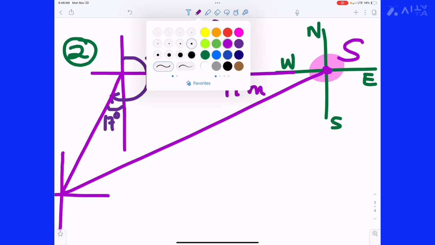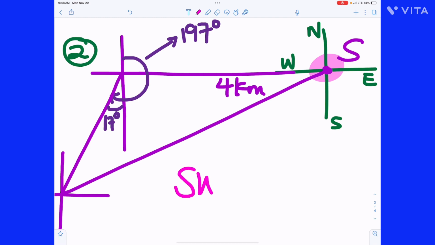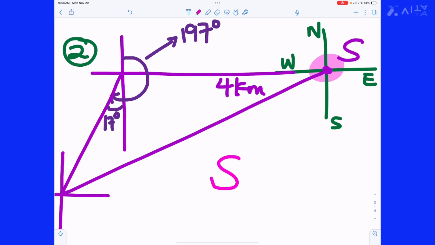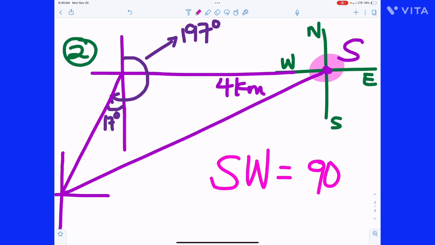The statement southwest means the same thing as south 45 degrees west, because southwest means exactly midway between south and west. You know that the angle between south and west is what? 90 degrees. The whole angle between south and west is 90 degrees. But when we say southwest, we mean exactly midway between south and west.